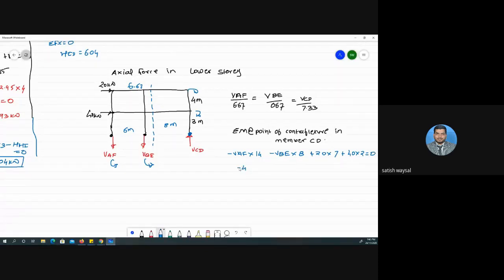That will give you minus 14 VAF minus 8 VBE is equal to 20 into 7, 140 plus 80.